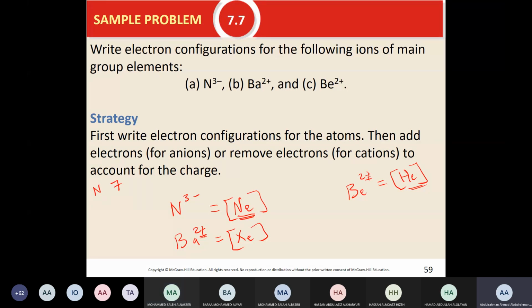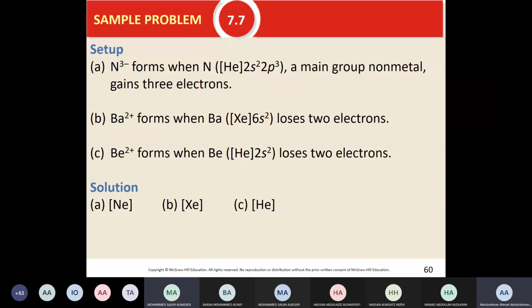So when we add 3 minus to it, then what will be the total? 10. What will be the structure if we have 10? Neon. Is this clear? Very good. Yes, doctor.